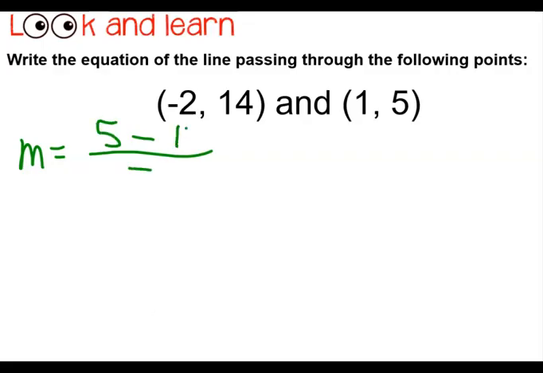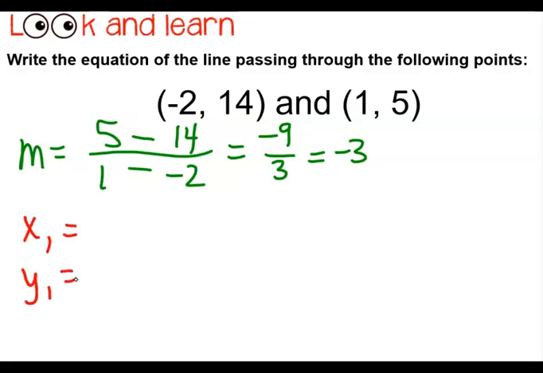Delta y over delta x. Once you have your slope, choose only one coordinate. I'll choose this one. I like it because it has no negative signs, but you can use either one.